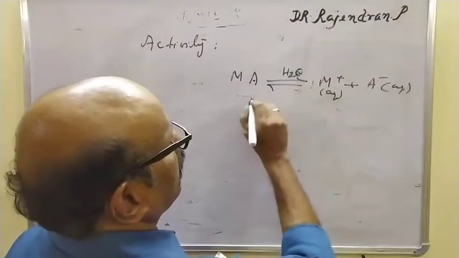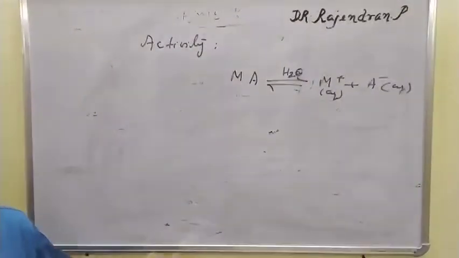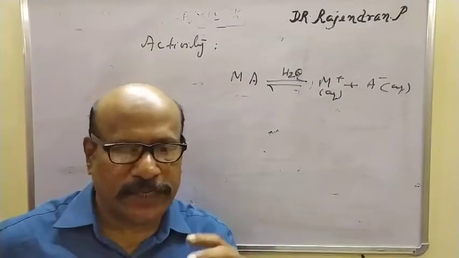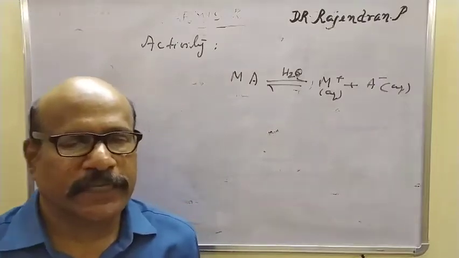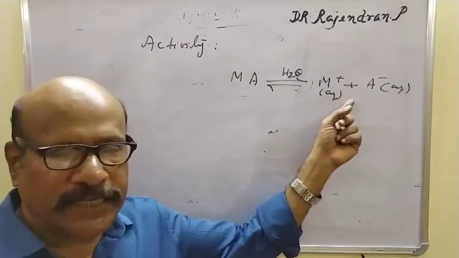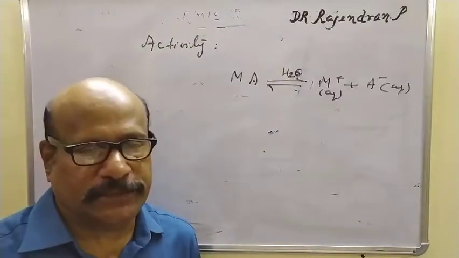So most aqueous solutions of electrolytes contain charged species, that is positive and negative ions. That is the peculiarity of the electrolyte in solution.